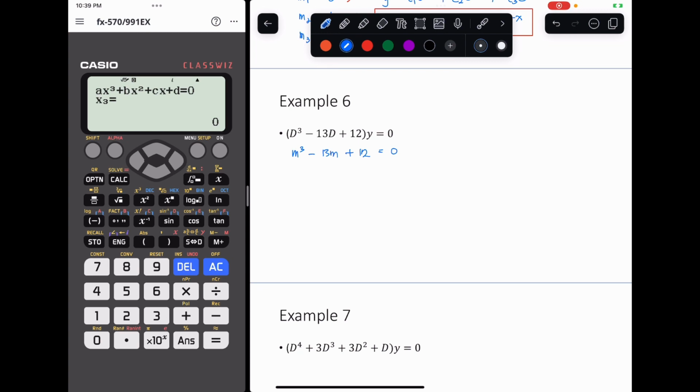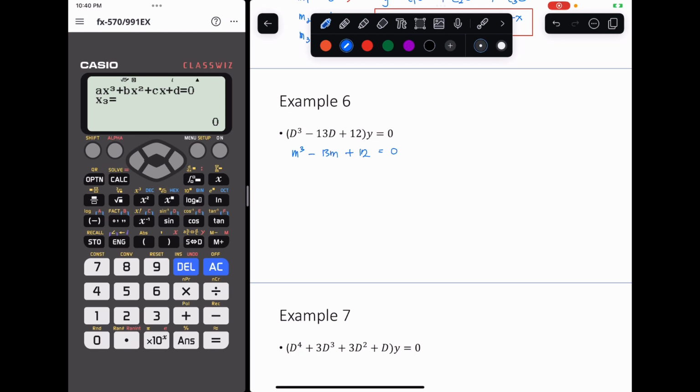In here, I cannot factor this out, since m is no longer common to the three terms, unlike in the fifth example. For cases like this, we can use the trial and error method, and that is through synthetic division.